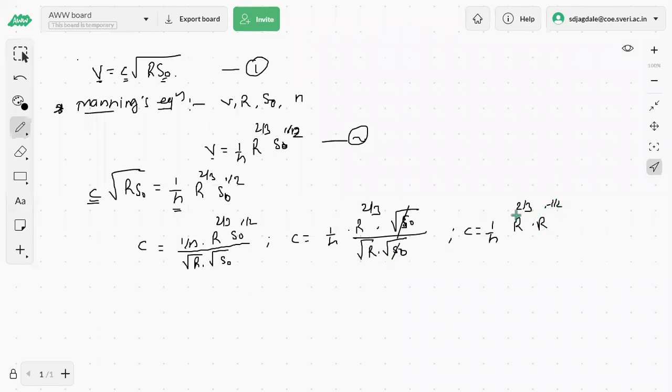The power will be minus. You will take it to the numerator side.